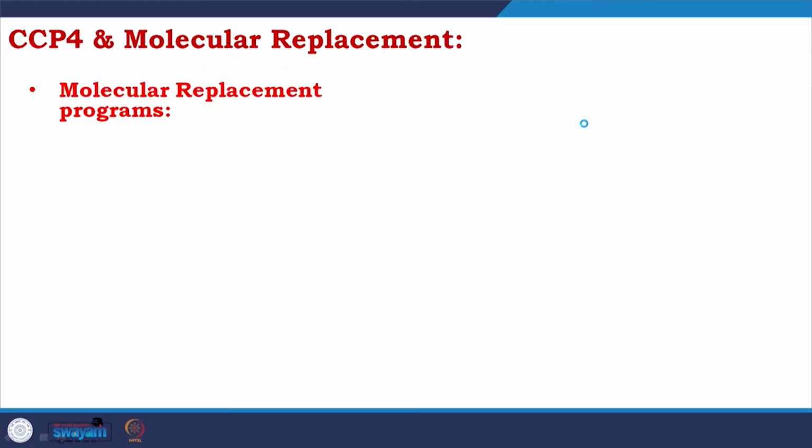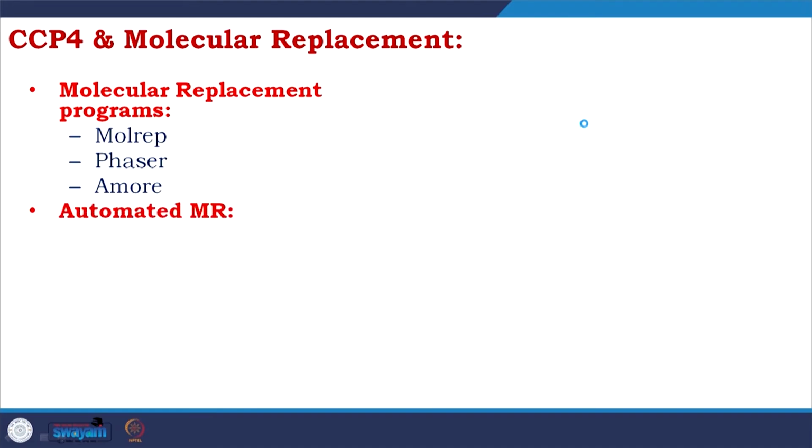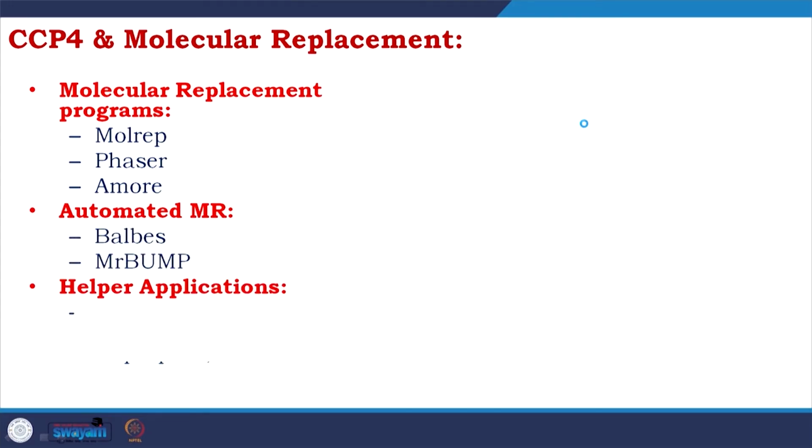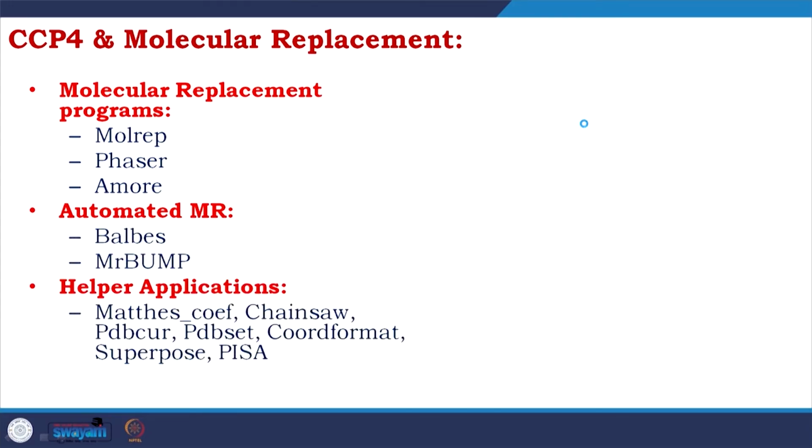So, CCP4 and molecular replacement. There are molecular replacement programs: MolRep, Phaser, Amore, automated MR, BALBES, MrBUMP. Helper applications, a lot of them, I am just talking about some: Matthews web, remember, to know the number of molecules, Matthews coefficient, Chainsaw, PDBCUR, PDBSET, coordconv format, superpose, pizza.